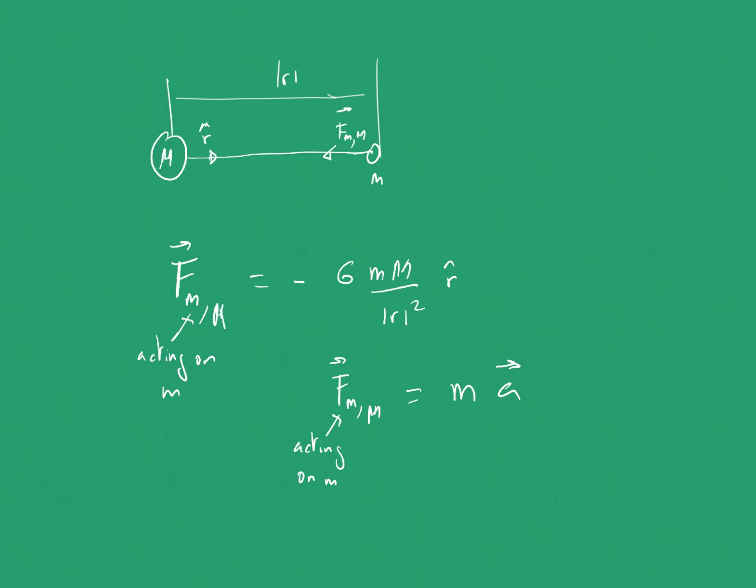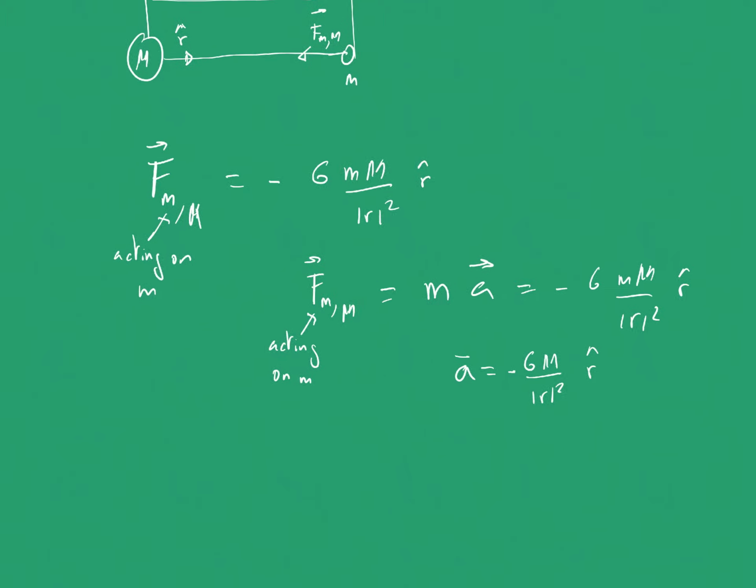You have to know that force is mass times acceleration. So the force acting on m, due to M, is the mass m times the acceleration. So this is equal to minus GM divided by the magnitude of r squared in the direction of r, negative.